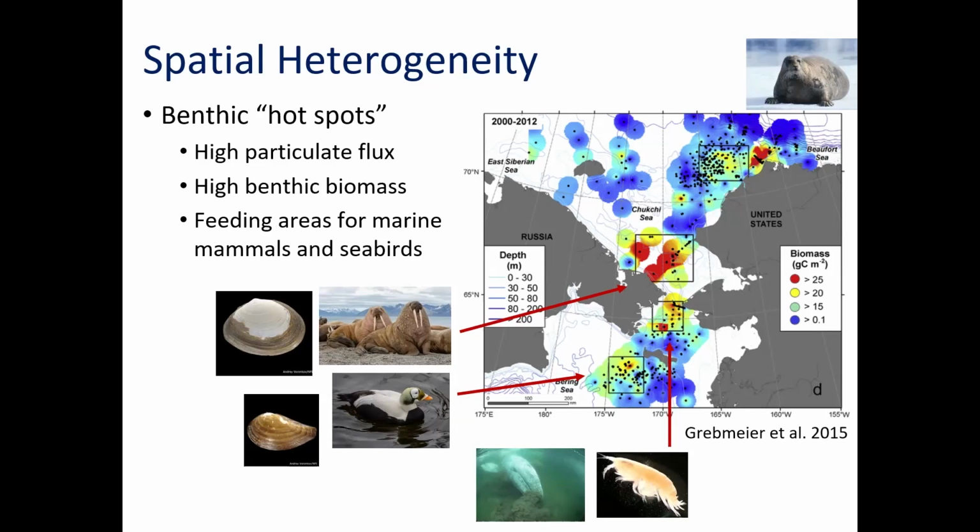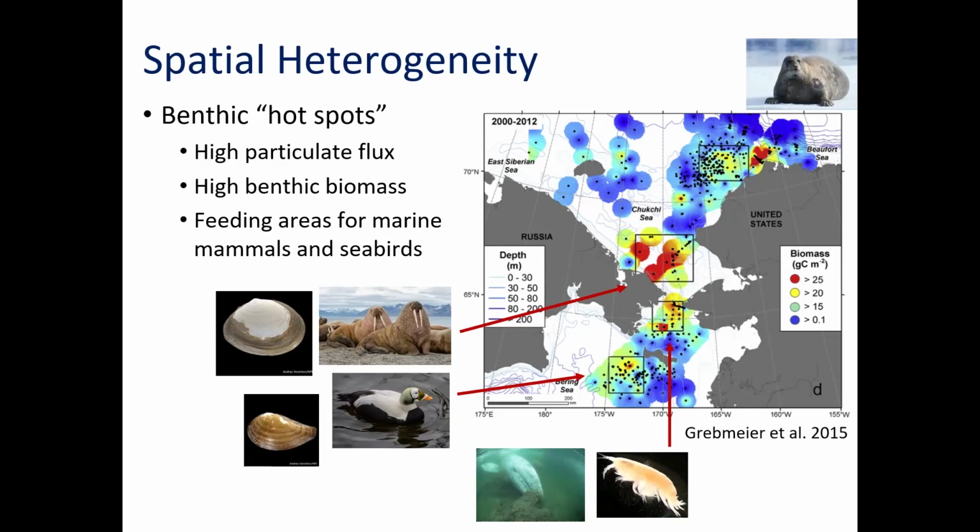So I'm going to talk a little bit about this region here in the black box, and that is the Southeast Chukchi biomass hotspot. And it's a place where there's an eddy feature that forms because of that constriction of flow through Bering Strait. And it's basically like a vortex that dumps particulate material onto the seafloor.